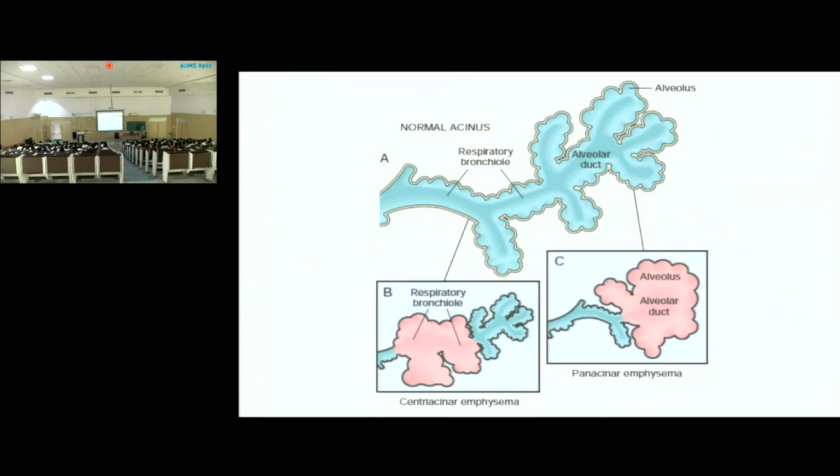There will be affection of the alveolar ducts and the respiratory bronchiole. Right? So in centriacinar, the affected part will be the respiratory bronchioles and alveolar duct. And what happens in the distal part? The affected portion will be only the alveolar sacs. And irregular means irregular. It can have proximal, it can have distal, or it can have irregular involvement.